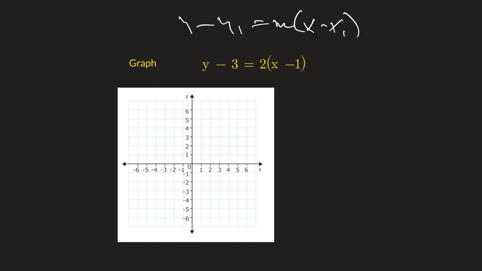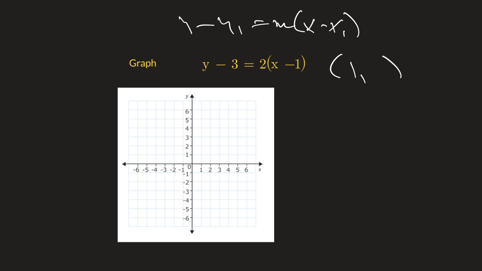What's the x value? Well, you're still seeing a minus sign, so what kind of a 1 is that? That is a positive 1. So the x value is 1.